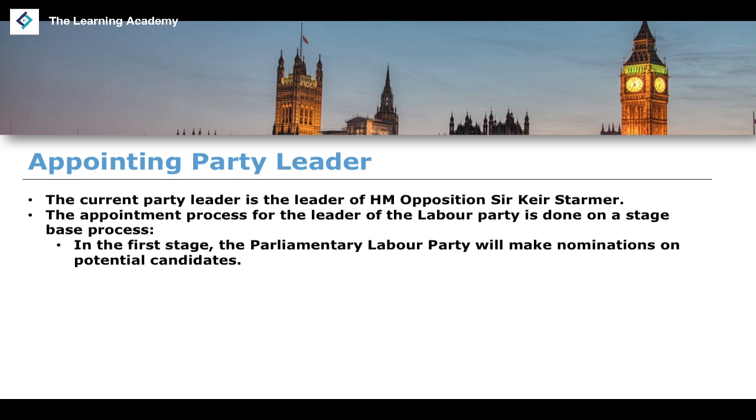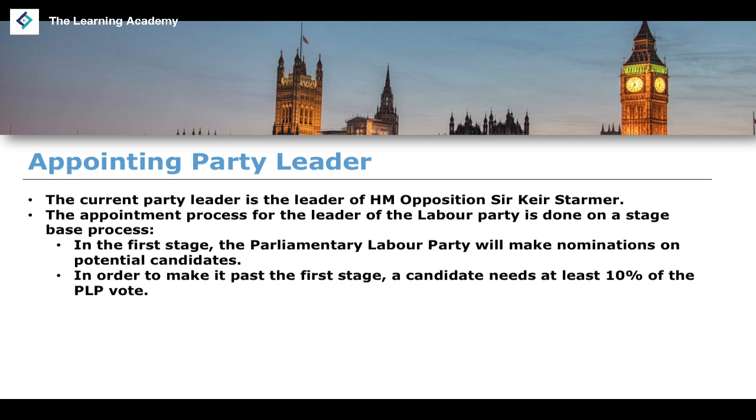So they will vote on potential candidates who are running as leaders of the Labour Party. And in order to make it past this first stage, a candidate needs to have at least 10% of the vote of the Parliamentary Labour Party. Whereas when talking about the Conservative Party, the members of Parliament were incredibly influential in effectively whittling down the candidates all the way down to the last two.